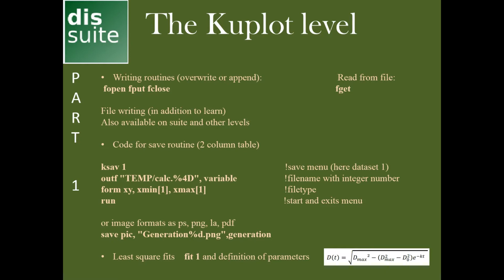The last thing I'm going to show you will be a fit routine. Again, a least square fit with your own equation you want to fit to your data. The equation is shown here on the right. It's a phase transition kind of kinetic equation.